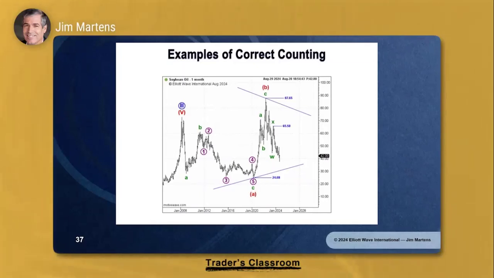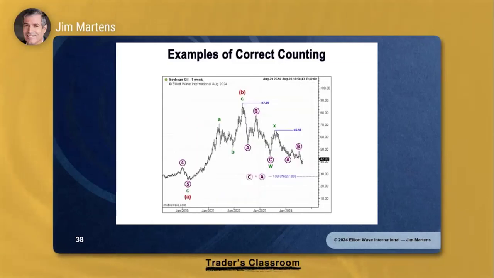What would separate the 2 counts is how wave C progressed. And you might already notice we have a WX, which suggests it's a corrective move to the downside, not an impulse wave. You can see we counted it as ABC, followed by an X wave. So we're looking for another ABC.